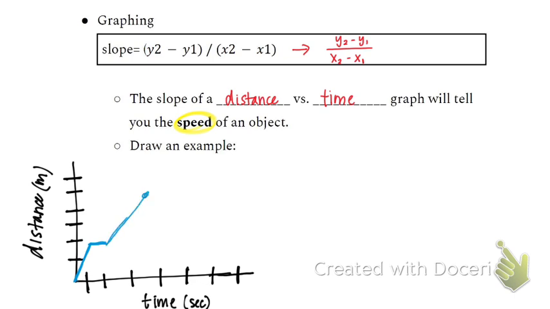I'm gonna have another going up section. We're gonna go over a little bit. And then we're gonna go straight back down. I'm going to label these sections A, B, C, D, and E.